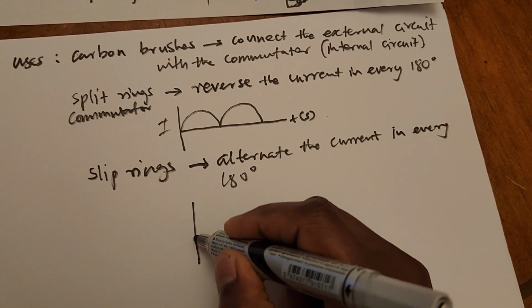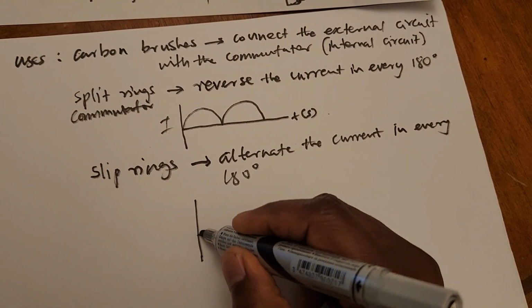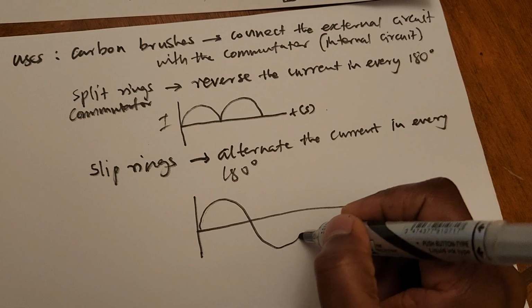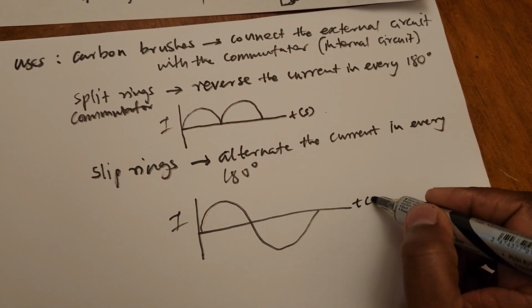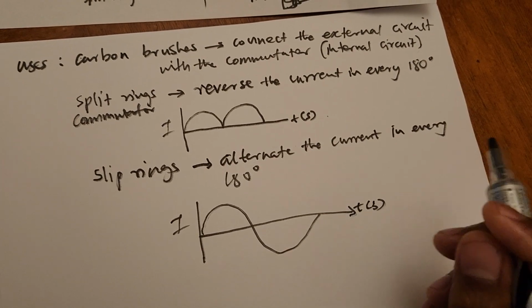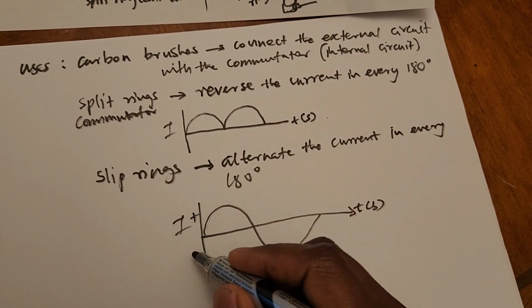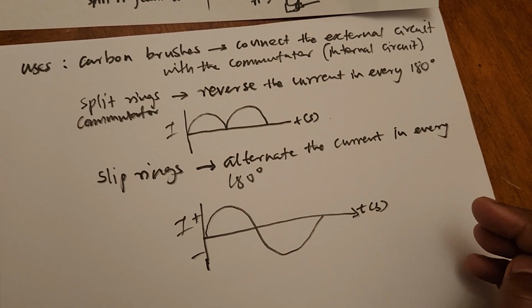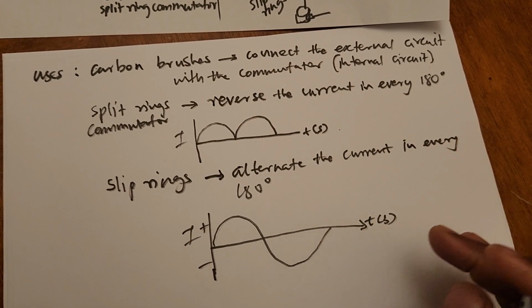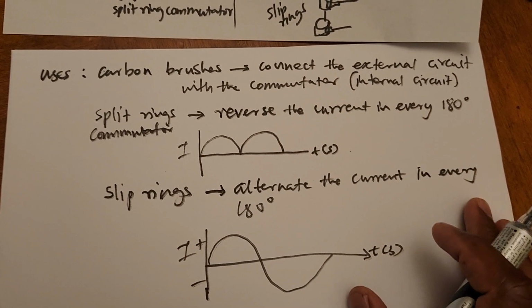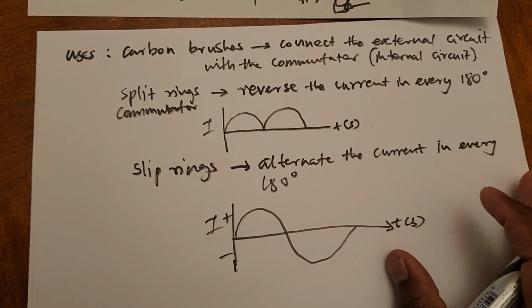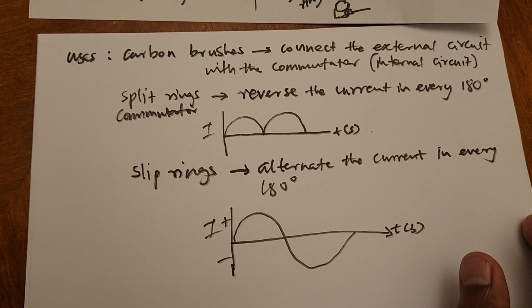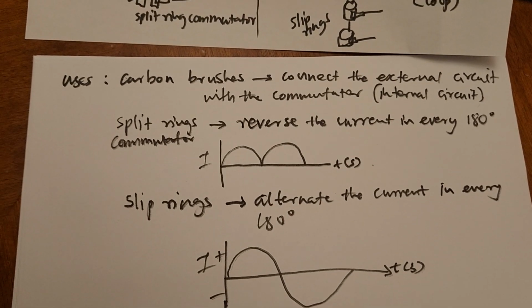So the current in every 180 degrees will have to change the polarity from positive to negative. That's why we say this is the AC, which means that it changes direction continuously, constantly.